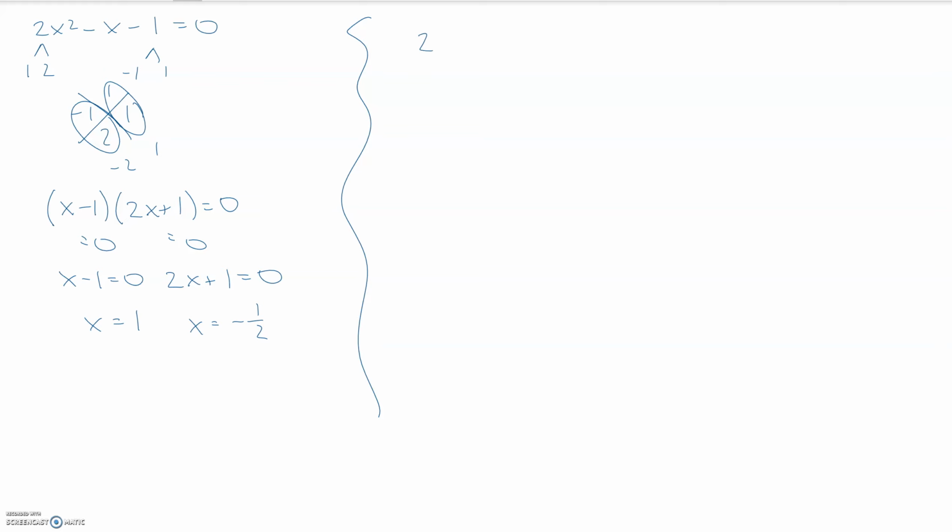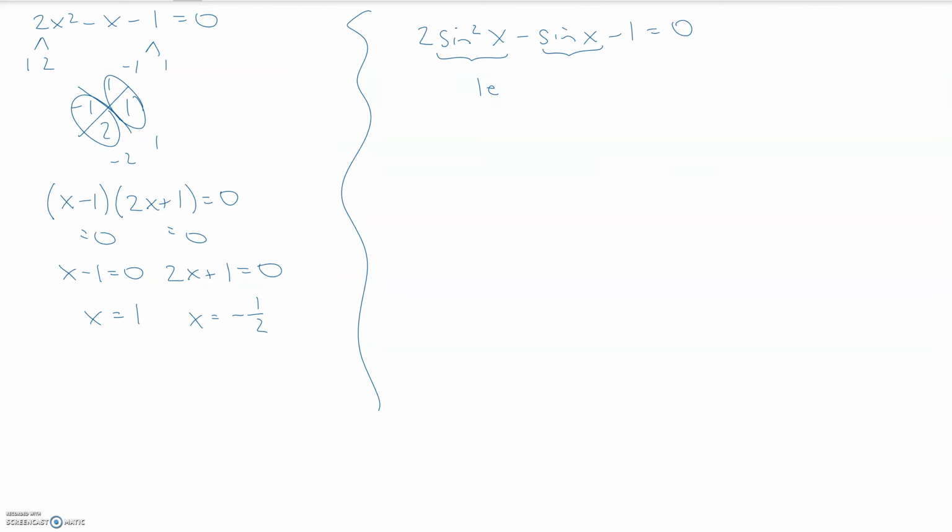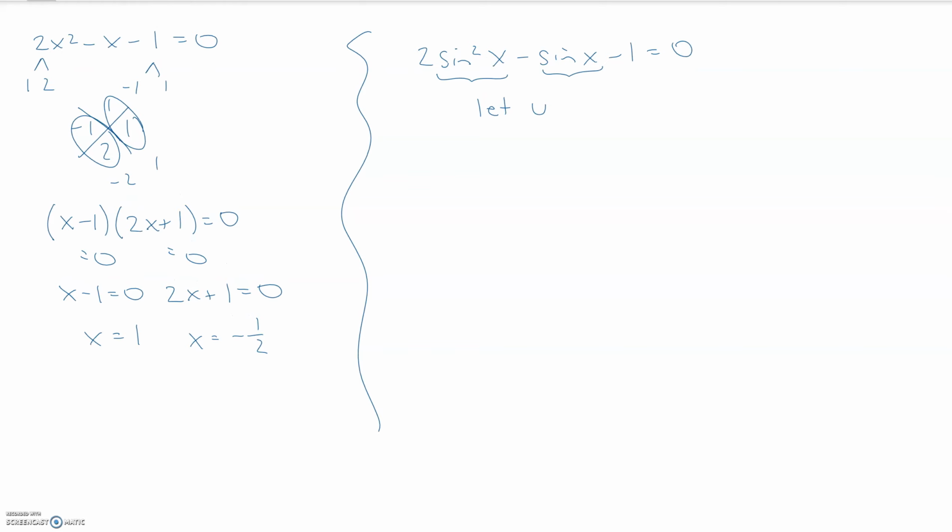We would have 2 sine squared x minus sine x minus 1 equals 0. And if we consider the sine x to be just like a variable, if we pretended that sine x was plain old regular x, or sometimes they like to change the variable, u is a common variable that is used in substitution a lot.